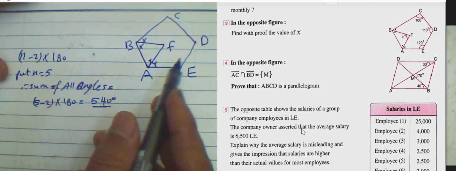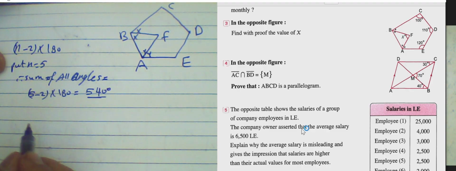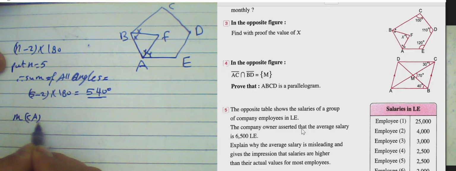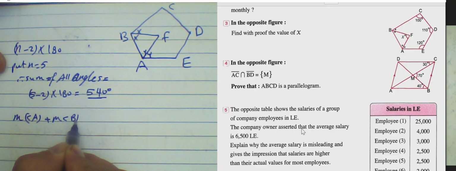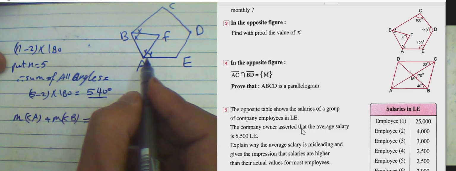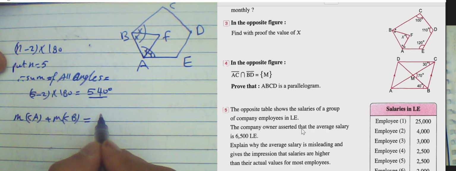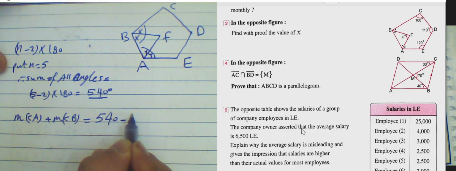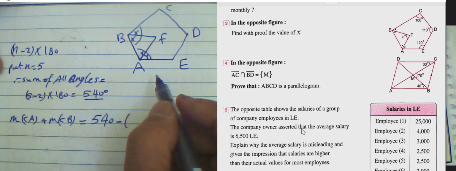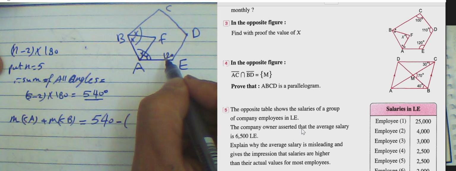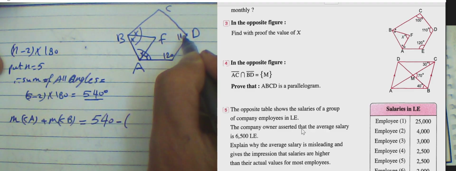Okay. Then we can find the measure of angle A plus the measure of angle B in the pentagon. Measure of angle A plus measure of angle B equals 540 minus the sum of all the other angles in the pentagon. The other angles are 120, 110, 100.